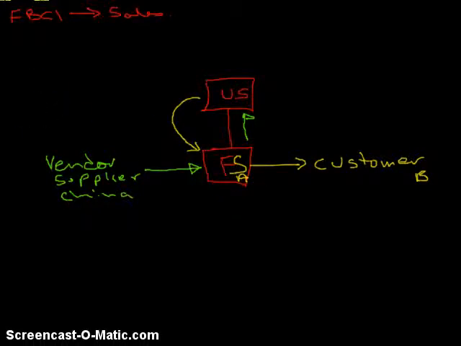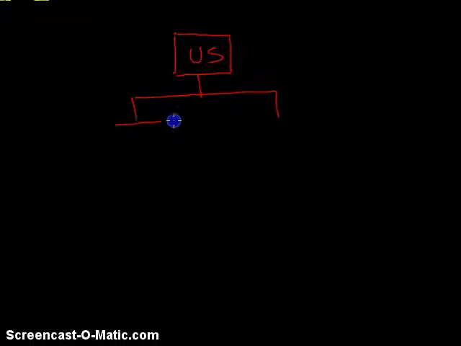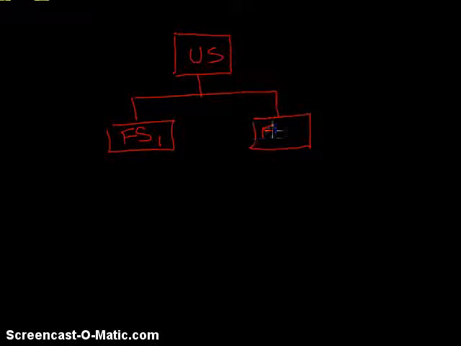Let's look at maybe a couple more examples. By the way, this one is maybe a little bit less obvious. Let's say I have foreign sub 1 and foreign sub 2. This one is located in country A, and this one is located in country B. In this scenario, let's say that foreign sub 1 is a manufacturer.